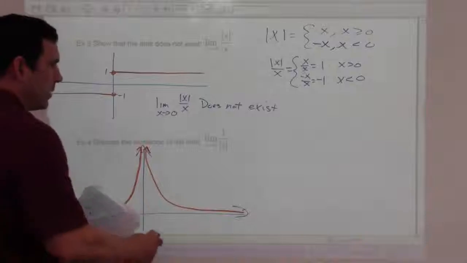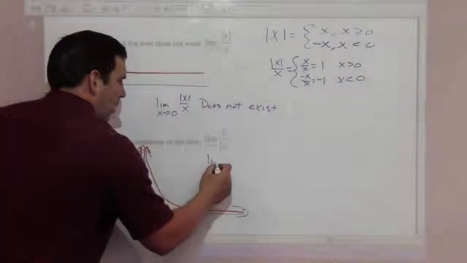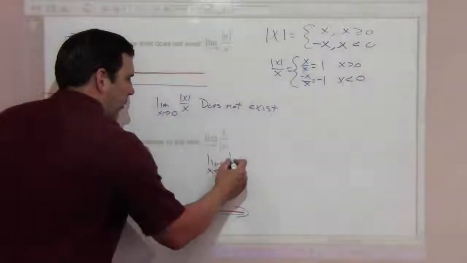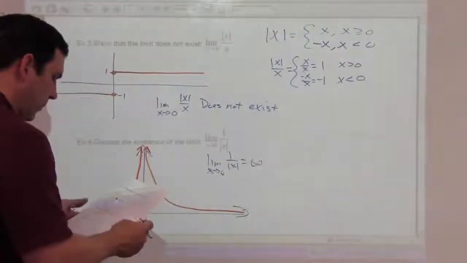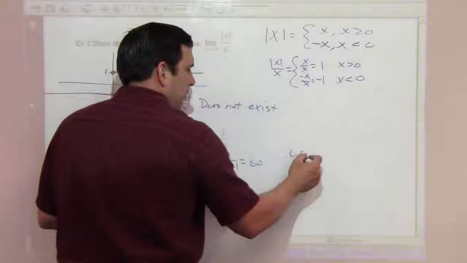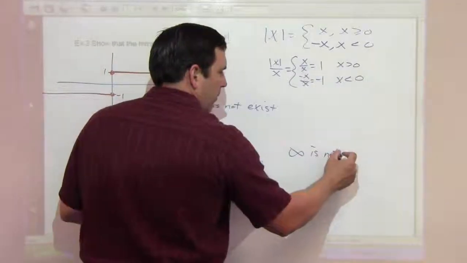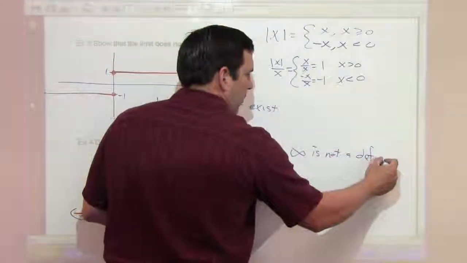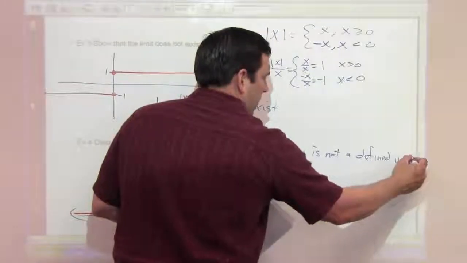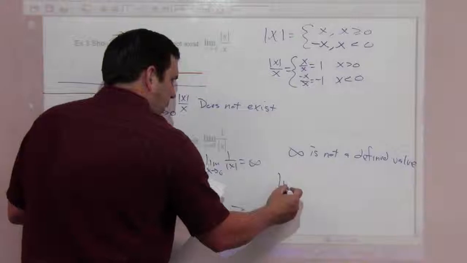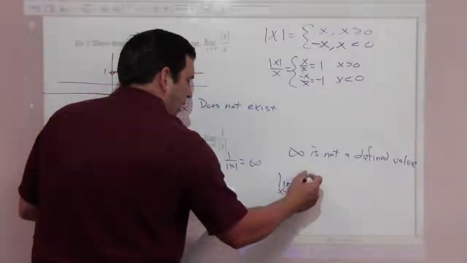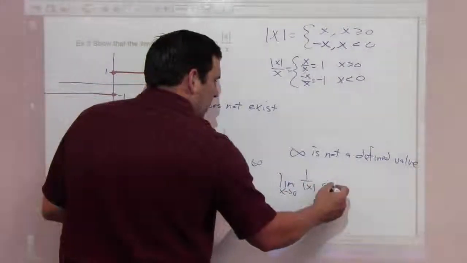So the limit as x goes to 0 of 1 over the absolute value of x, that's going to be infinity. Now, infinity is not a defined value. So the limit as x goes to 0 of 1 over the absolute value of x does not exist.